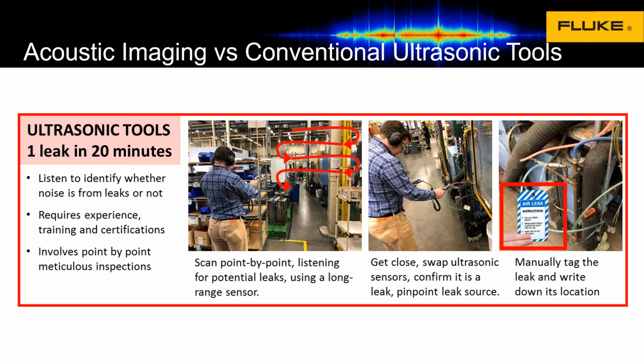It also gives us the opportunity to give you an image of where the leaks are occurring. So rather than just pointing to something and saying, let me put an air leak tag on this, which is still a great idea by the way, you can also document it with an image or a video of where it is. That really helps for finding the leaks again later on.